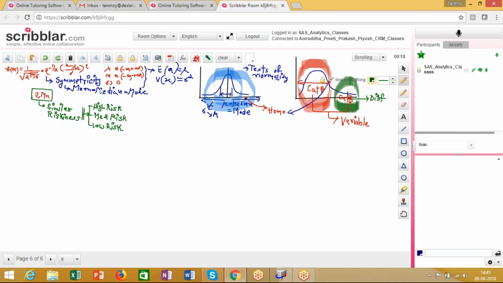Let's think about it like this: within the high risk segment, the behavior of all the borrowers would be very similar. The borrowers in the medium risk segment will be more or less similar, and the borrowers in the low risk segment will be more or less similar, right?